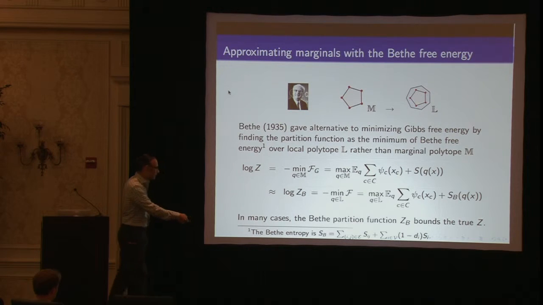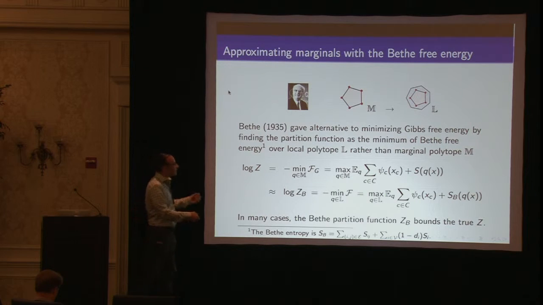Okay, so that's this pairwise entropy. And in addition, instead of finding the best distribution Q that lives inside the space of all possible distributions, relax the space M of all possible valid distributions to the space of all positive functions that are pairwise consistent. So pairwise consistency is a weaker condition than being a valid distribution.